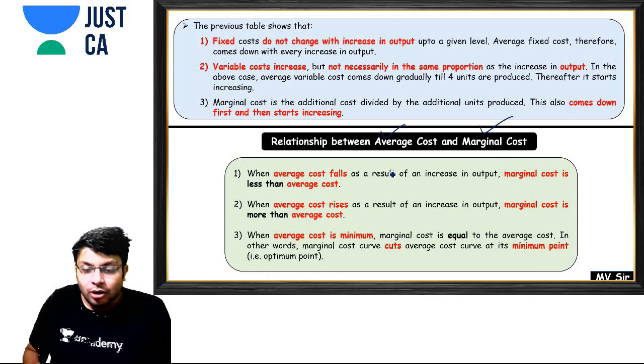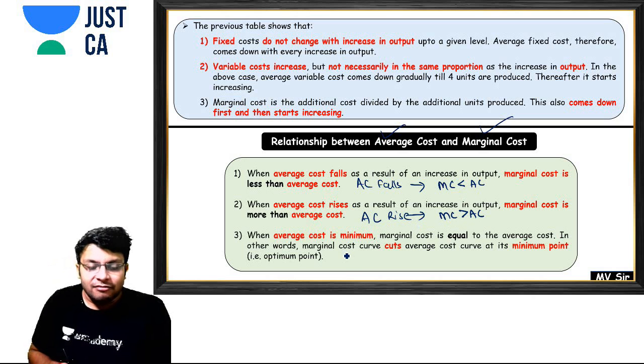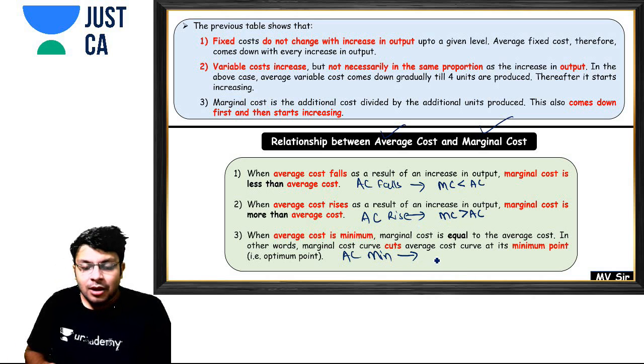When your average cost is falling, what happens? Your marginal cost is less than average cost. When your average cost is rising, your marginal cost will be more than your average cost. And when your average cost is minimum, your marginal cost will be equal to average cost.